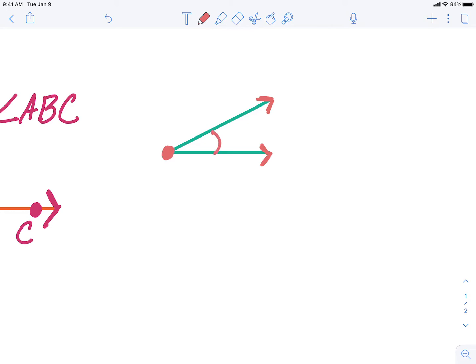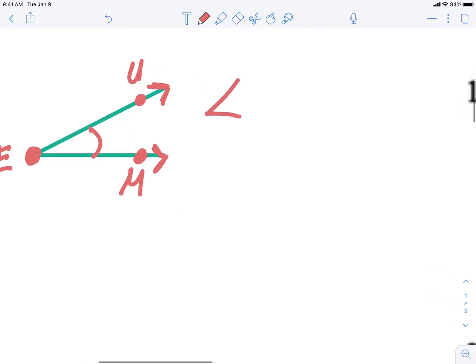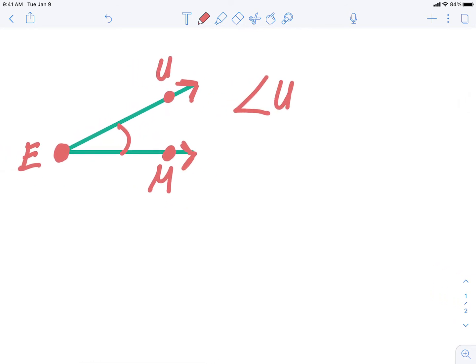And this is the angle right here. And I'm going to do 2 more points, another point here and another point here, and I'm going to name them 3 letters, right? I'm going to use my initials. Ulises Eduardo Martinez. So this is angle UEM.